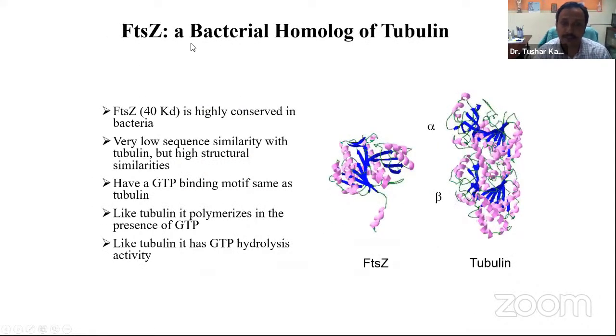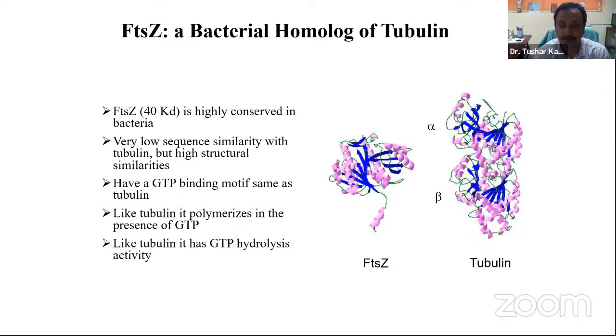And FtsZ is a very well-known bacterial homologue of tubulin. If you look at the structure of FtsZ and tubulin, they are highly similar, with 60-70% structural similarity, and apart from that there is almost 18 to 20% sequence similarity.